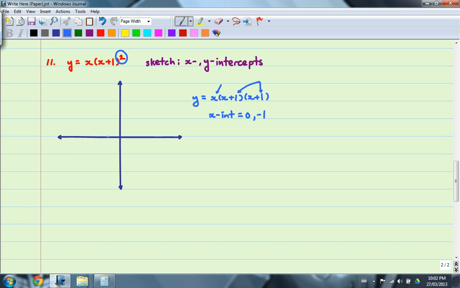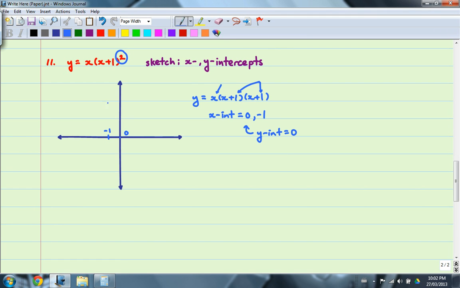What that means is our graph is going to kind of bounce off of that point and go back in the opposite direction. So we have these 2 x-intercepts. Okay. Fortunately for this question, this is also going to be our y-intercept 0, right? Because it goes through the point 0, 0 here.